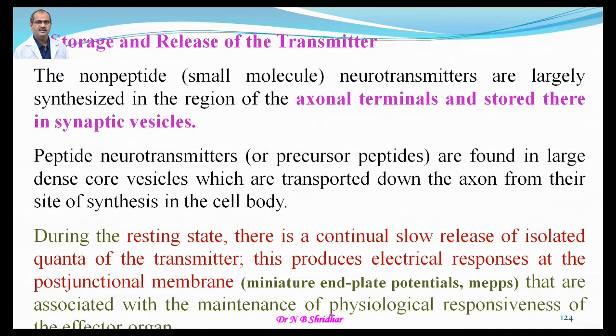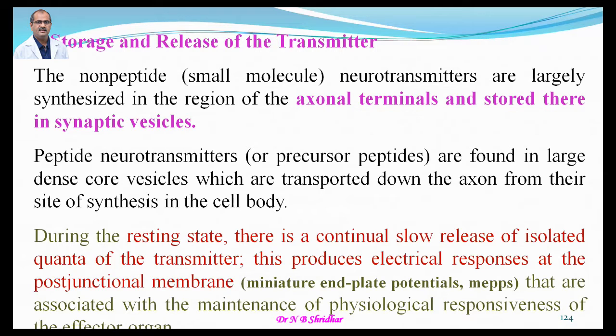Whenever the action potential comes to the axonal terminals, the stored norepinephrine, epinephrine or acetylcholine is released from the synaptic vesicles. The peptide neurotransmitters or precursors are found in large dense core vesicles, which are transported down the axons from their site of synthesis in the cell body.